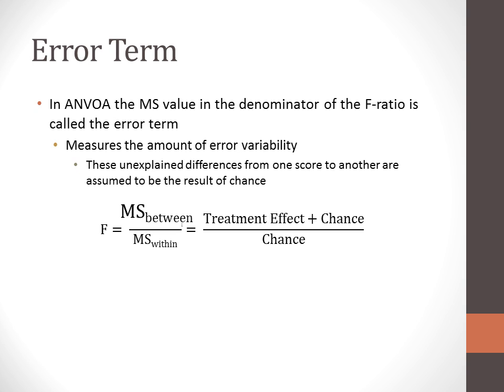If the between treatment differences are substantially greater than the error term, in other words, the mean squared between is much larger and the error term is smaller, then the researcher can confidently conclude that the differences between the treatments are due to more than chance. In other words, we get a large F ratio.